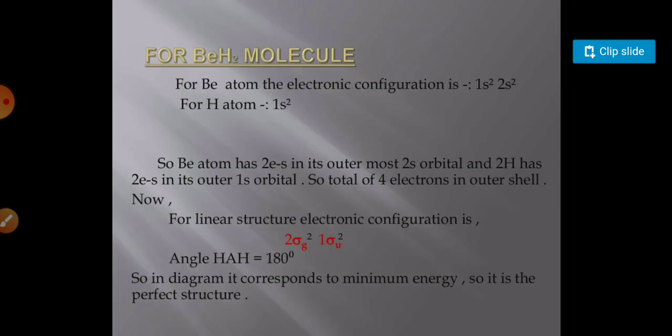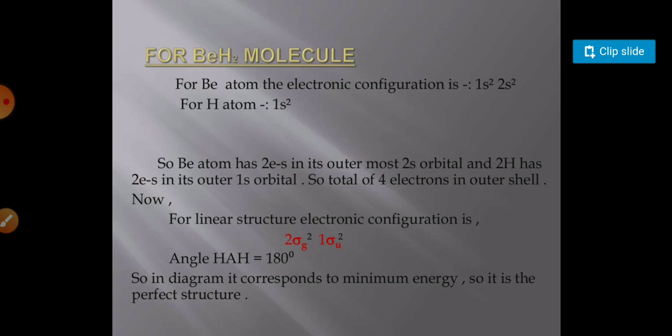So for the BeH2 molecule, for the Be atom, the atomic configuration is 1s2 2s2 and for the H it is 1s1. So the Be atom has 2 electrons in the outermost shell, and 2 H have 2 electrons in the outer 1s orbital.